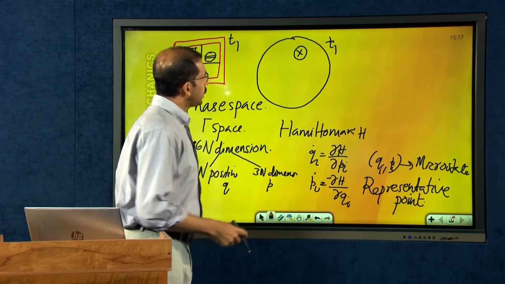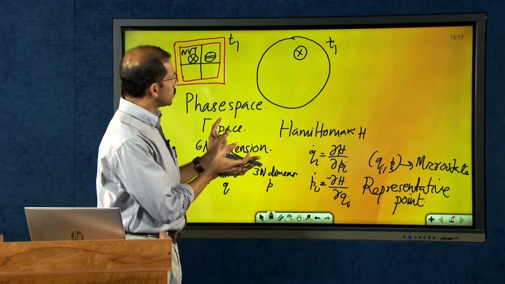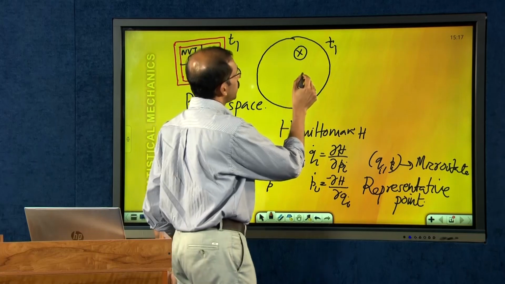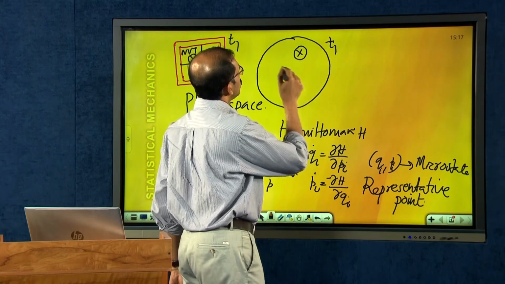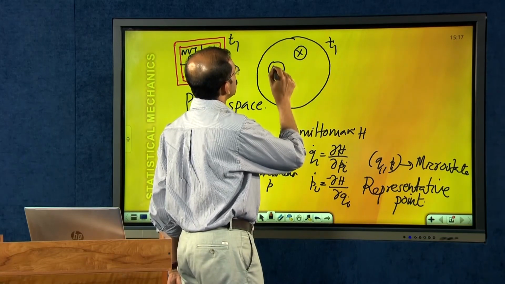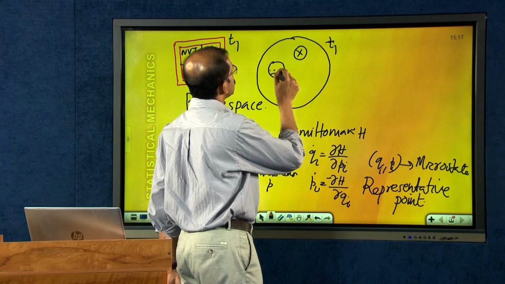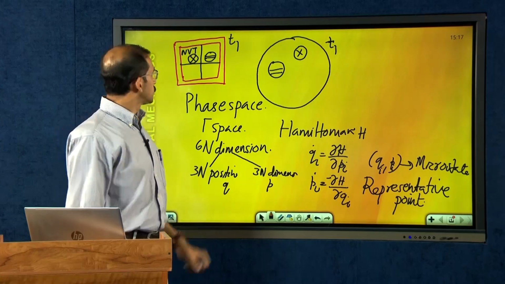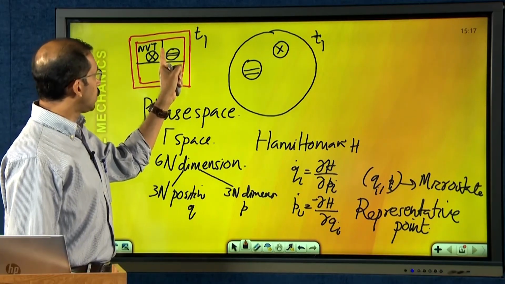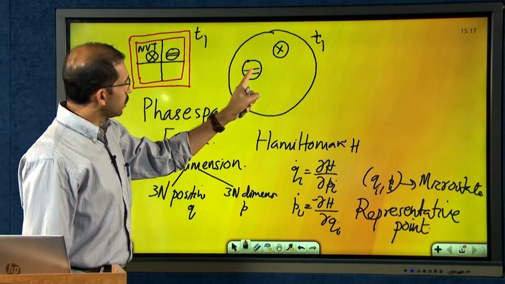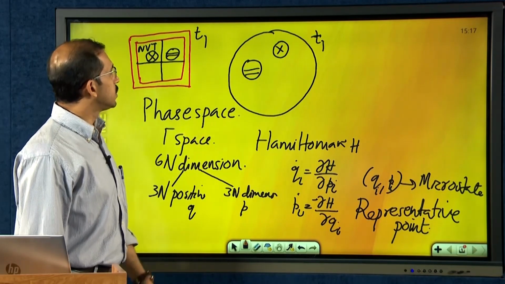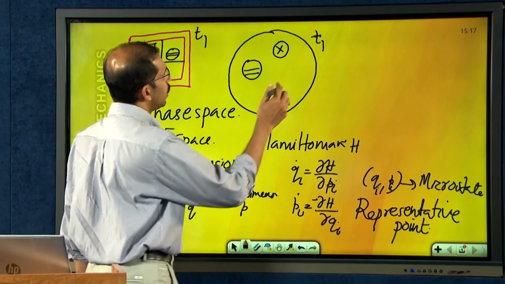Now, in this phase space or in this hypersurface, I might be able to spot it somewhere like this. Okay. So, this element in the ensemble is now being translated into our new phase space like this.